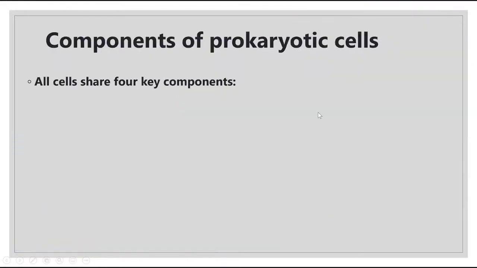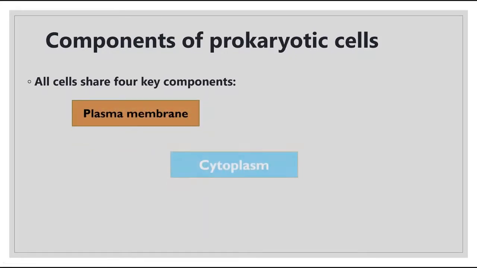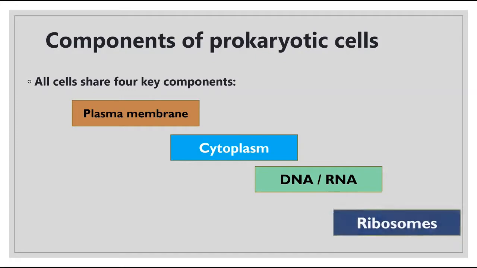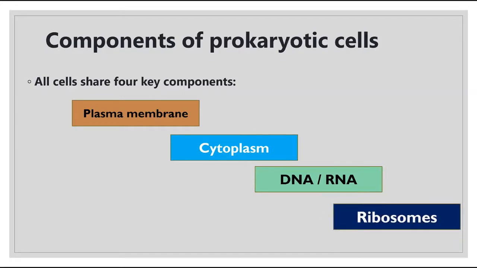Okay. Now, the basic components of prokaryotic cells are the plasma membrane, cytoplasm, DNA or RNA, and ribosomes. The plasma membrane is an outer covering that separates a cell's interior from its surroundings.